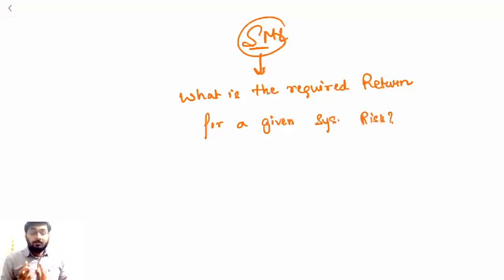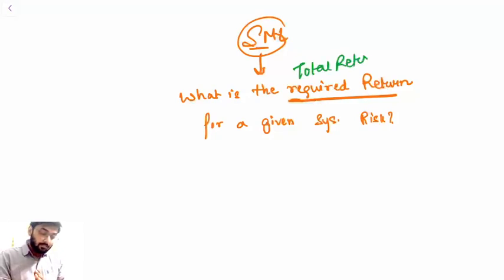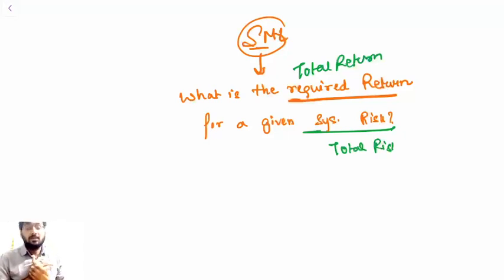You remember capital market line? Best return versus total risk. Clear? Systematic risk, CML, total risk. Now the investor is asking, sir, suppose, presume that my portfolio is purely having systematic risk.